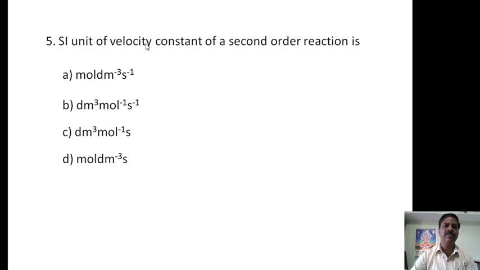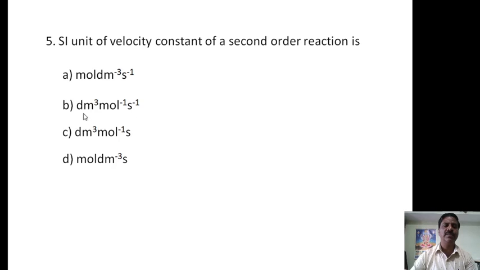Now the answer for this question is option B, cubic decimeter per mole per second. Why? Because the rate constant you already know is equal to 1 divided by t into 1 divided by concentration. Time is expressed in terms of second, therefore per second will be there.